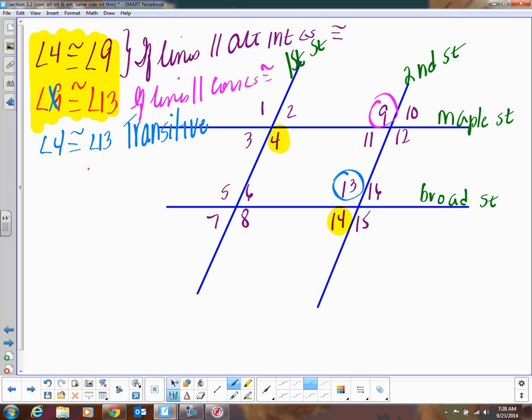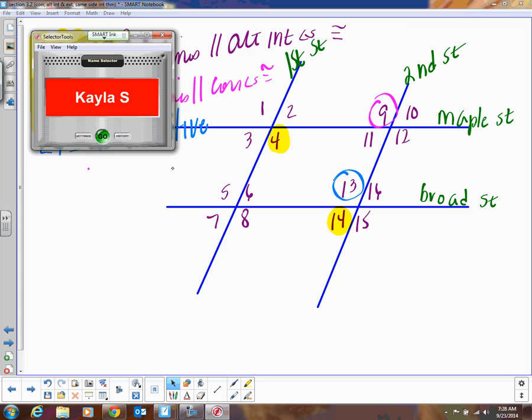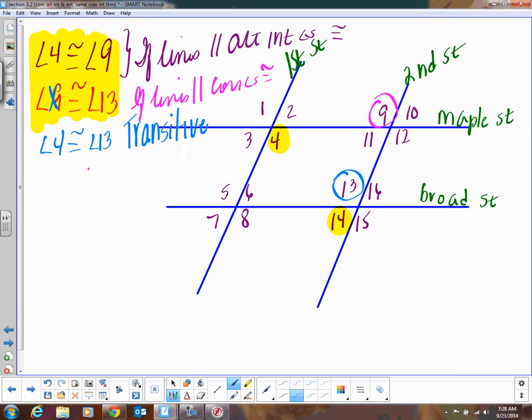So now I need to know what is the relationship between angle 13 and angle 14, because 14 was our destination. McKenna? The relationship between 13 and 14. They're a linear pair. What does that mean?